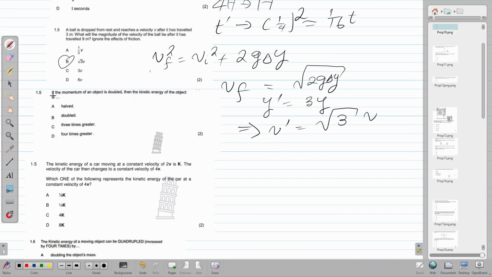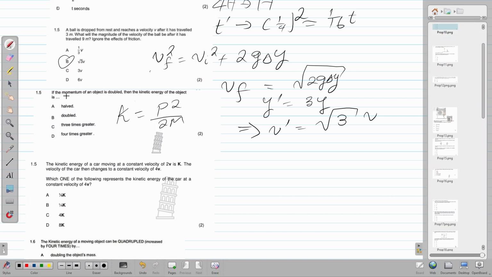Question 1.5. If the momentum of an object is doubled, then the kinetic energy of the object is, so here we'll just write the equation that you're probably familiar with if you went through the videos on math skills, proportionality. Kinetic energy is momentum squared divided by 2 times mass, which means that kinetic energy is directly proportional to the square of momentum.